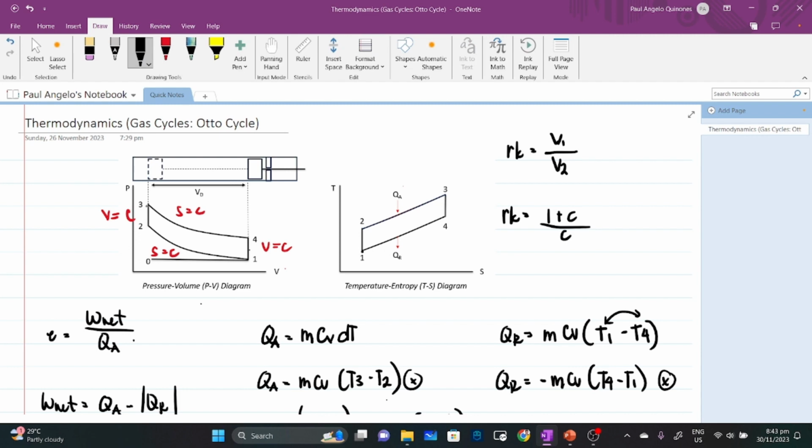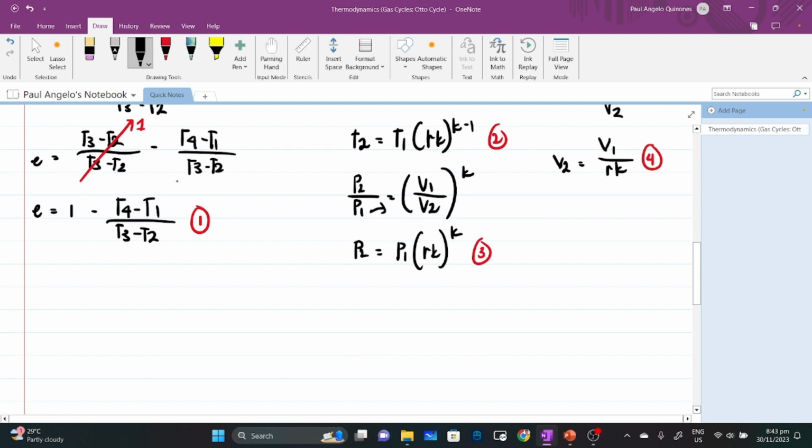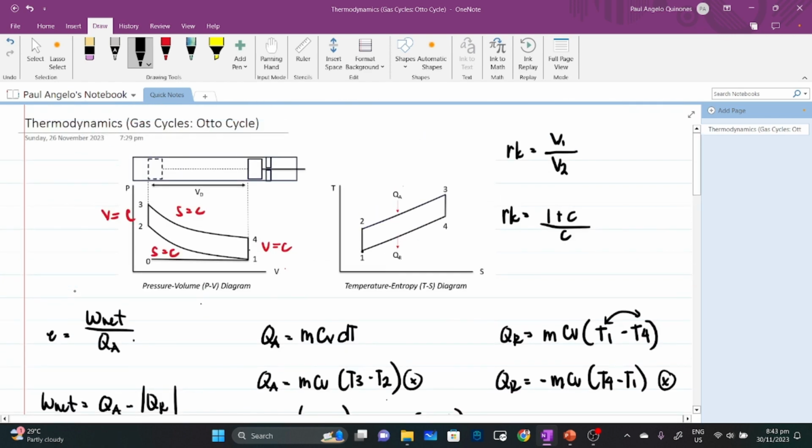So, let's proceed with 2 to 3. How am I going to solve for volume 3? Upon observation on your PV diagram, we've said that V sub 3 is a constant volume process. So therefore, we can conclude that V3 is equal to V sub 2.